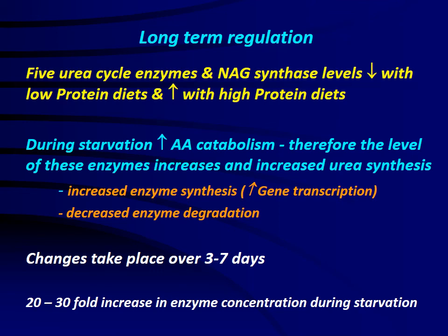Increased enzyme synthesis takes place at the gene transcription level, along with decreased enzyme degradation. The changes take place over 3 to 7 days. There is a 20 to 30-fold increase in enzyme concentration during starvation.